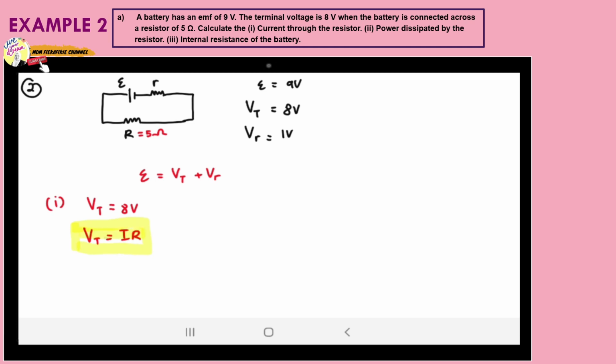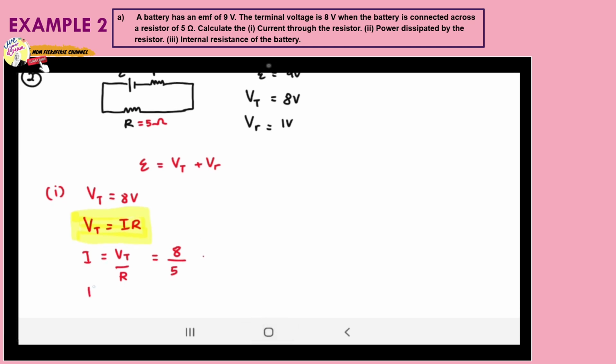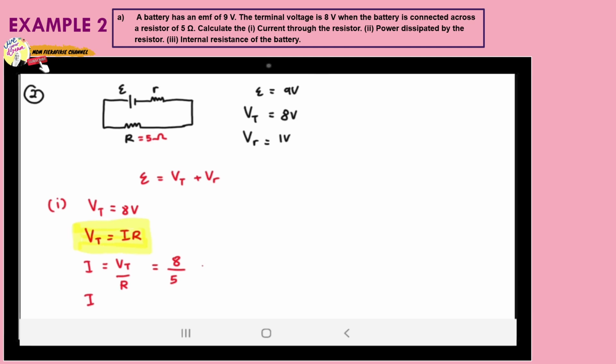So this is capital R, not small r, the external resistance. Now we can substitute the value, where I is equal to VT over R, where VT is equal to 8 volt and the resistance is 5 ohm. Therefore, you will get the value of I, where I is equal to 1.6 ampere.